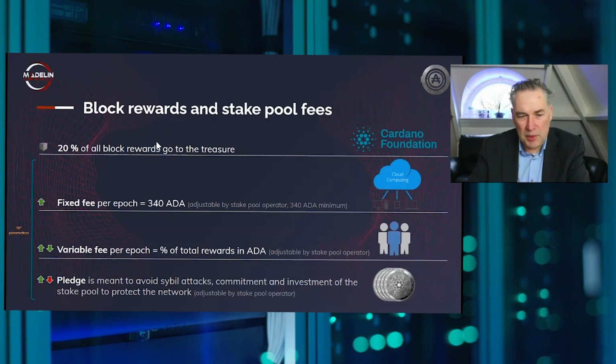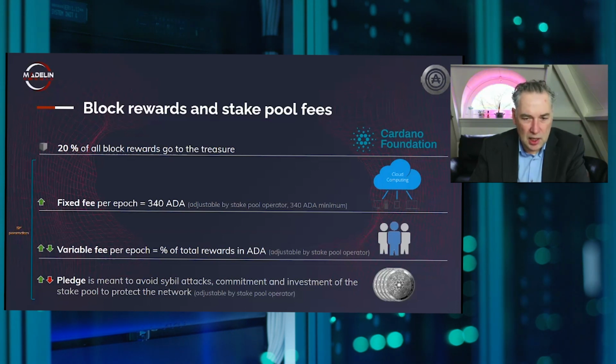And that means that a certain amount of blocks that is being assigned as slot leader are assigned to, let's say, nodes of the Cardano network, which are under control by the Cardano Foundation. And in this case, 20% of the blocks go to the treasury.